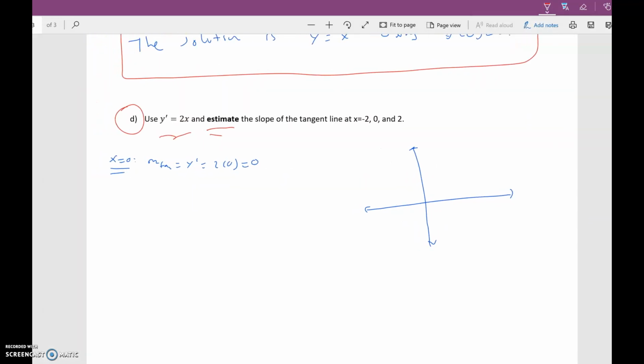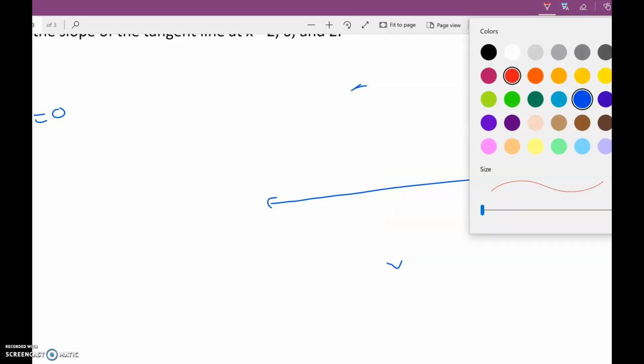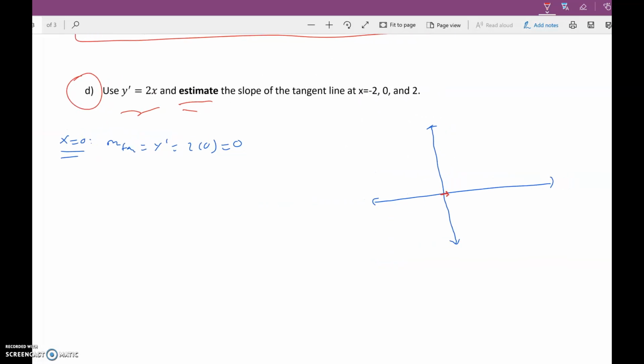So at this point, if we look at a small interval, you would find that the slope of the tangent line happens to be 0. And I'm just putting an arrow there.